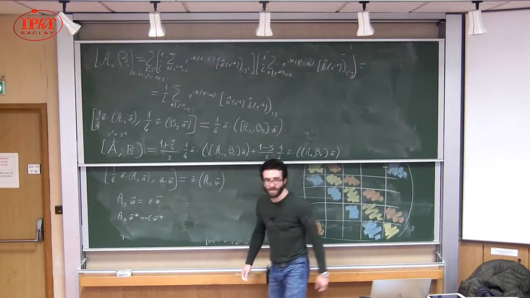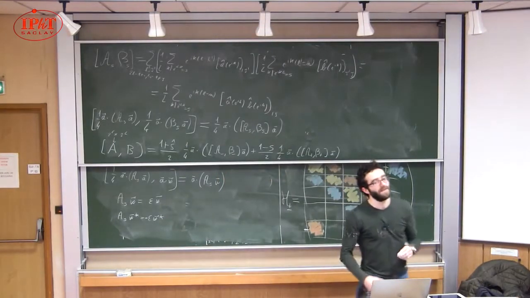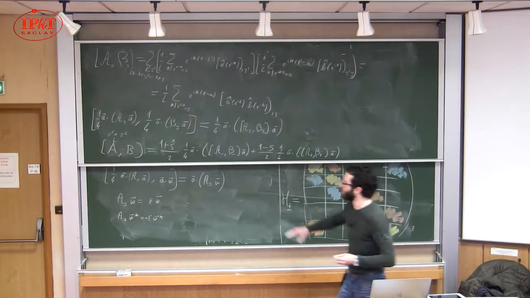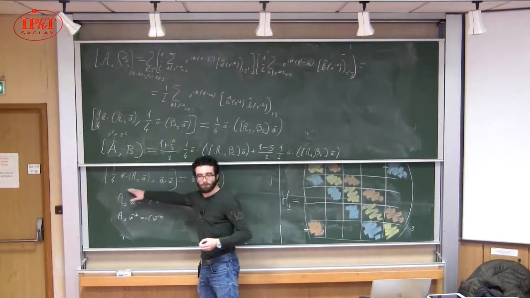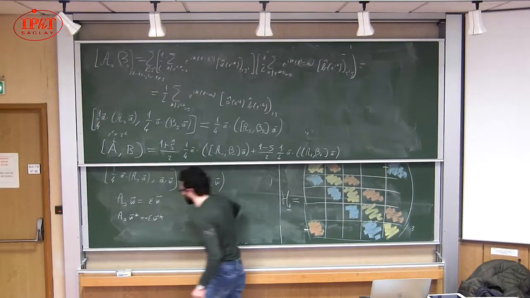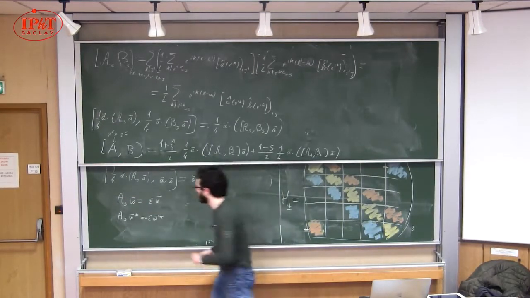Now imagine that we know an eigenstate of this quadratic form. Let's assume, for example, that you know the ground state for some reason.